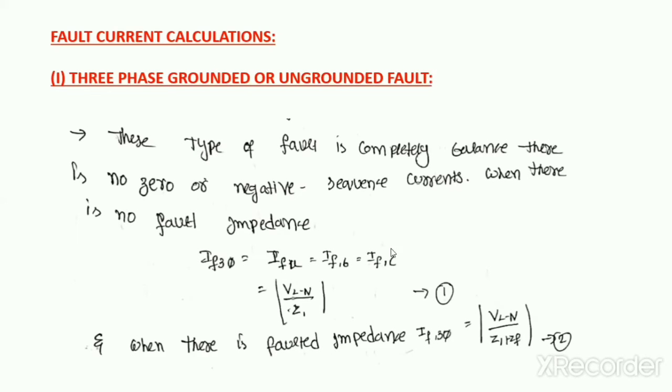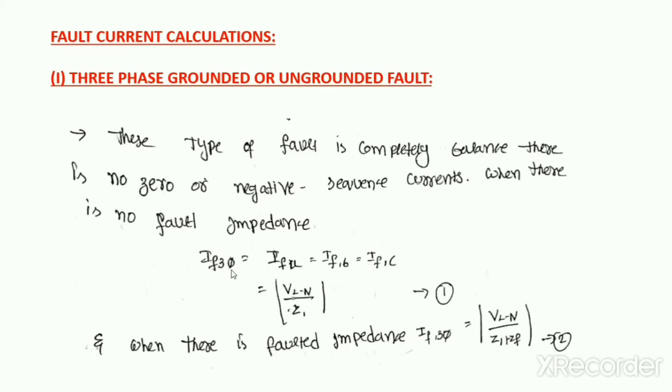If there is no impedance, the fault current in all the phases will be equal. Understand? There is no impedance in the line, and no negative sequence or zero sequence currents. Therefore, there is no fault impedance.